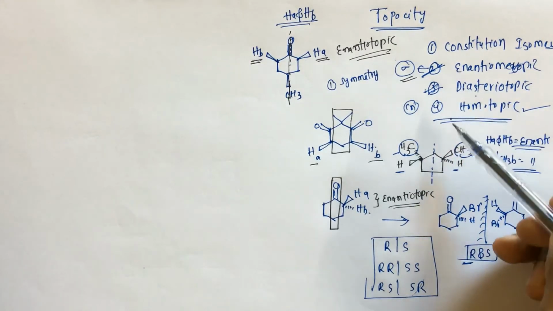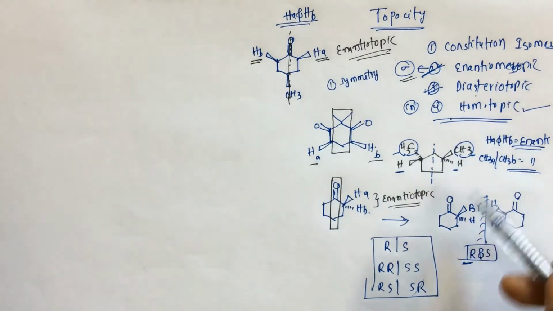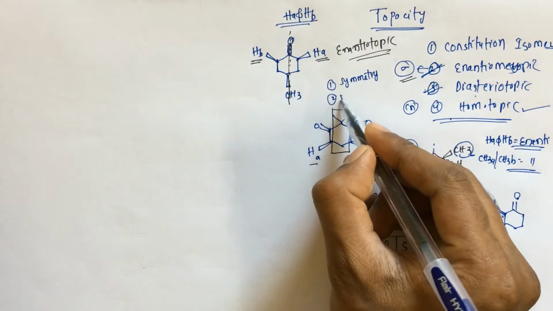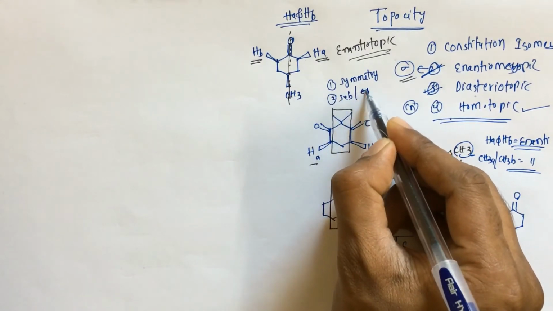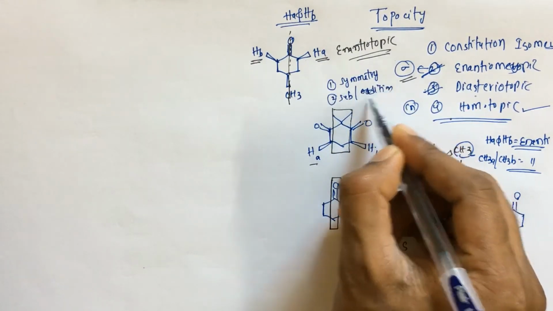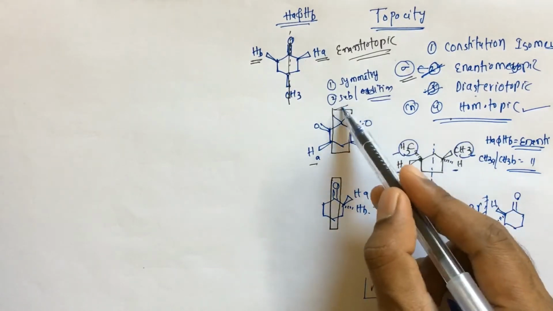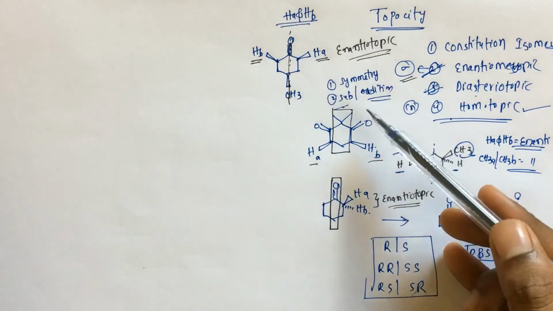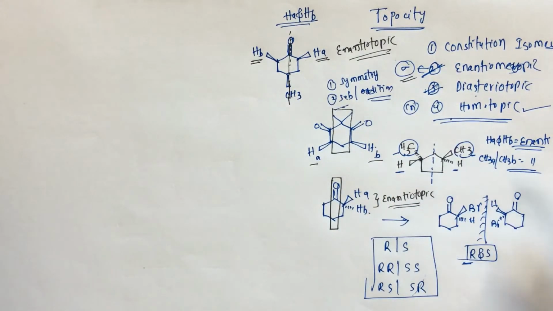If you need further confirmation, you have to go for the substitution method, or addition. If a double bond is there, then addition; if no double bond, then substitution. When we go by the substitution or addition method, we get further confirmation. You can give RS nomenclature here also. According to that, we can identify these two have a mirror image relationship, and these are enantiotopic in nature.